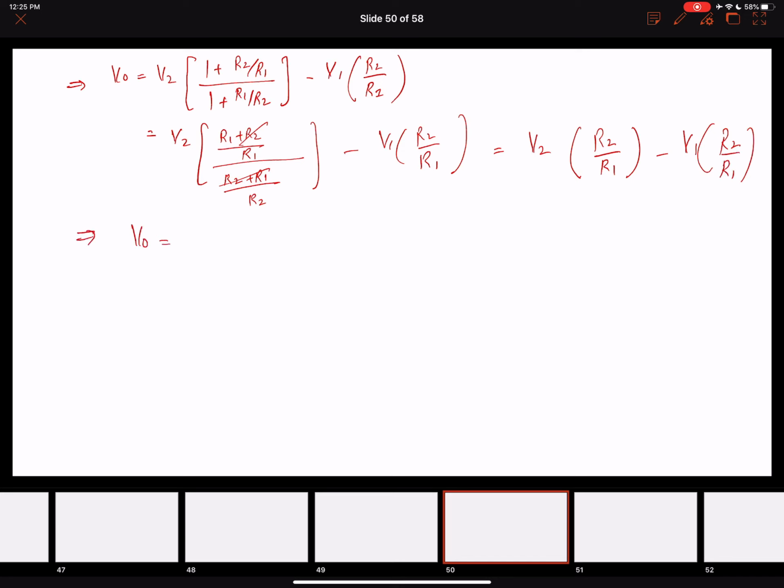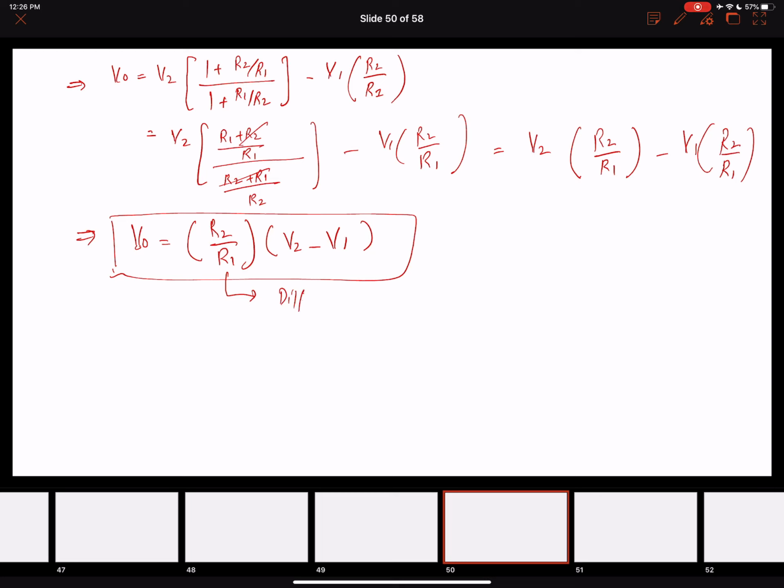Interestingly, once you apply this condition, we can easily see that our V naught equals R2 over R1 into V2 minus V1. So here's the difference amplifier, and this represents our differential gain, AD, which is R2 over R1.